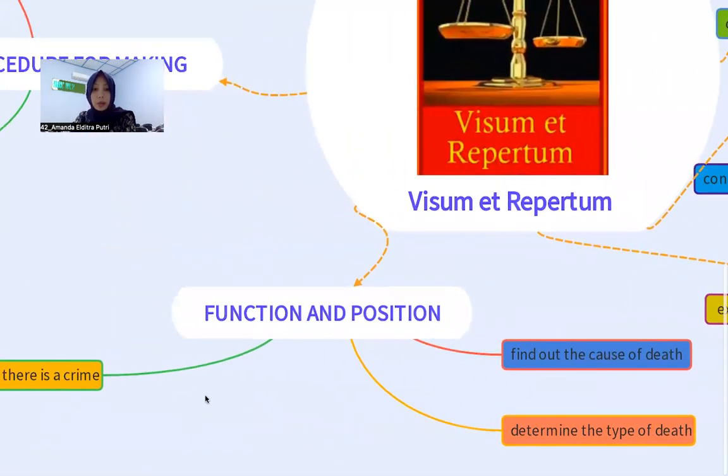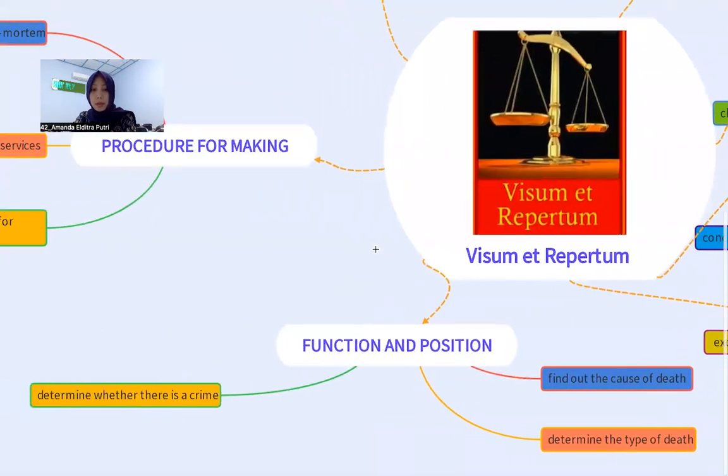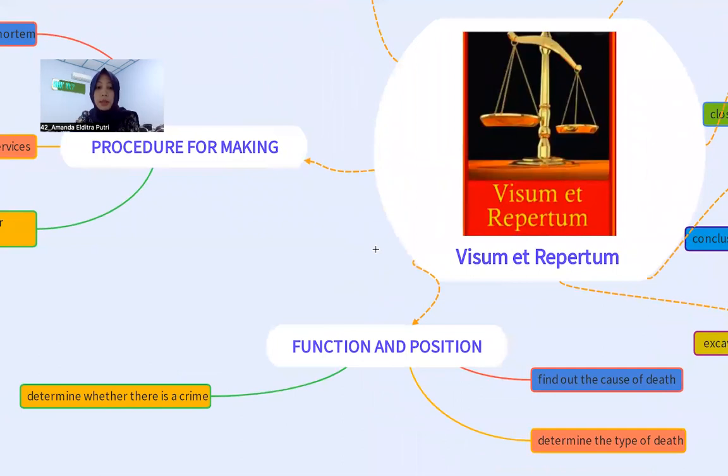Next, about function and position. The function and position of the Visum et Repertum in criminal cases is very important, because based on the examination of a forensic expert, it can be known whether someone's injury, someone who is not healthy, or someone's death is caused by a criminal act or not.